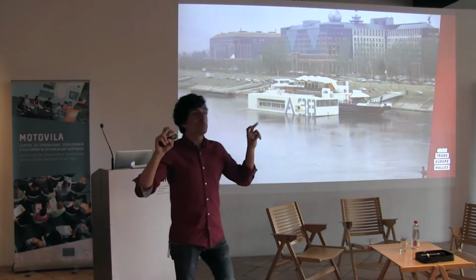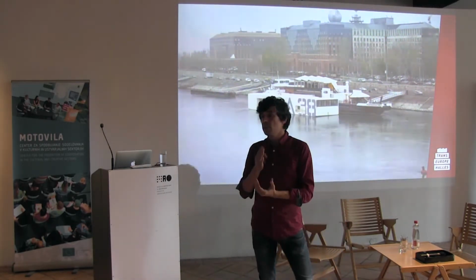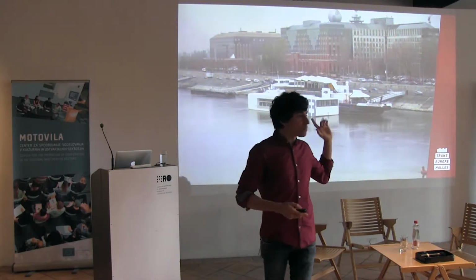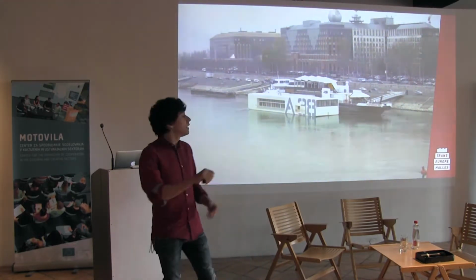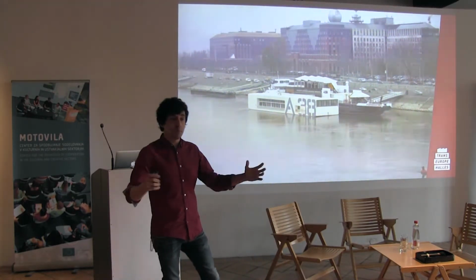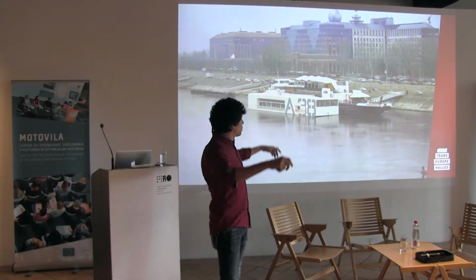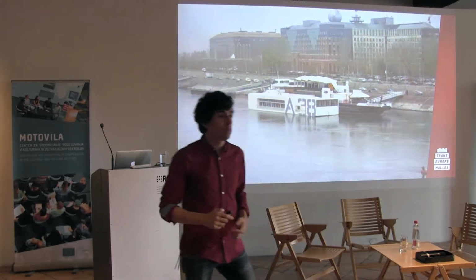Third model is La Boutique. It's a specialized cultural center with a very strong focus and high quality program. For example, this is A38 in Budapest. It's not a factory, it's actually a Ukrainian ship in the middle of the city, in the river. And they are specialized in music, and they have an amazing program.